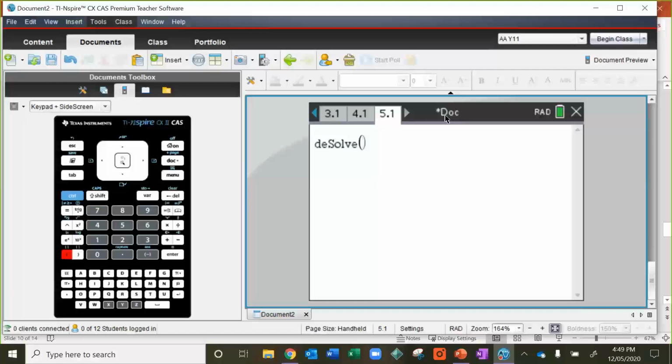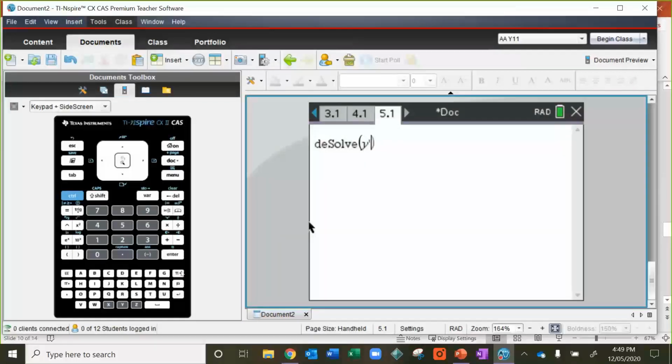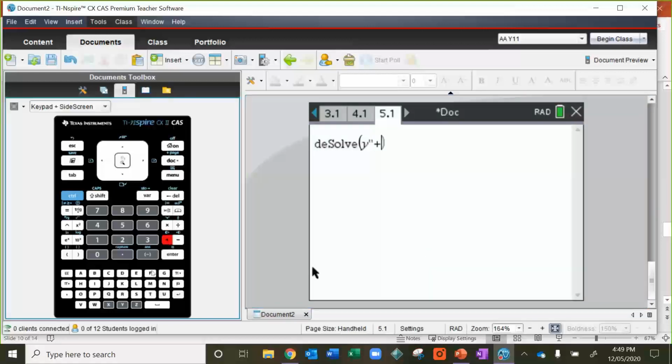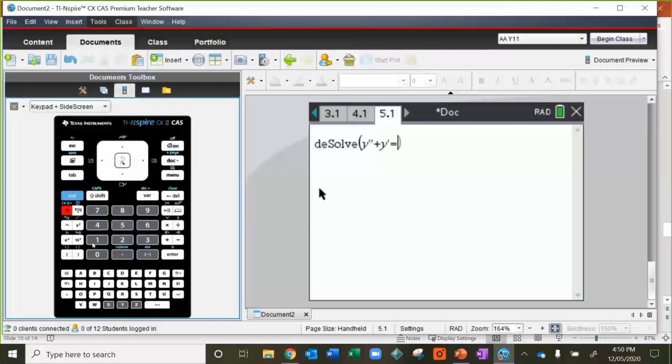So our equation is y, the second derivative, so that's one dash, and I need to put another dash, plus y, so that was the first derivative, now we have plus y dash, and that is equal to 1.